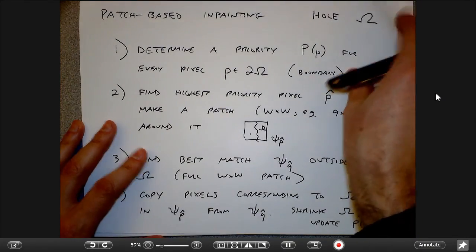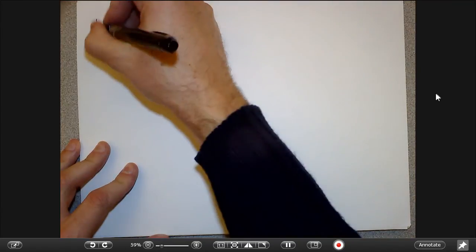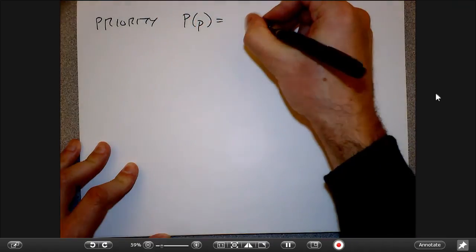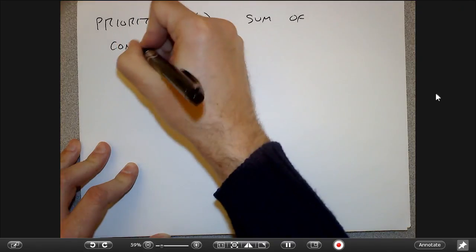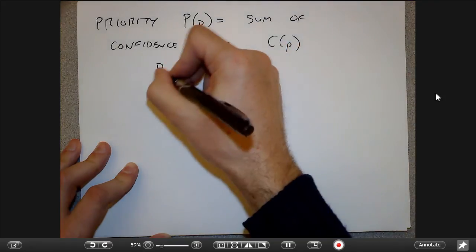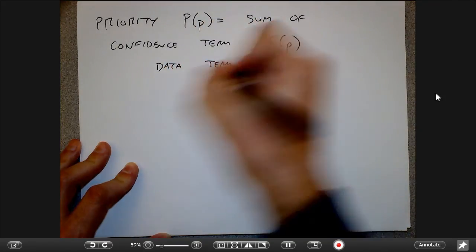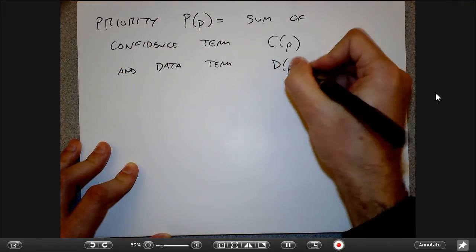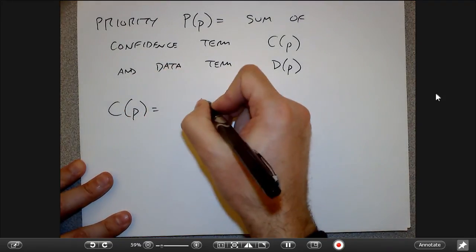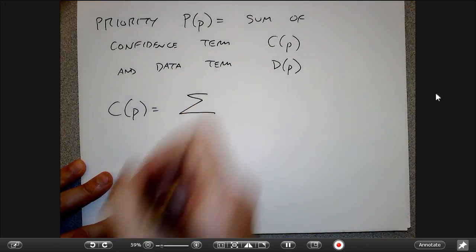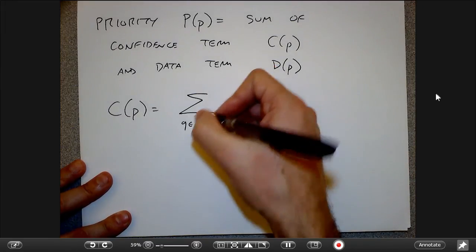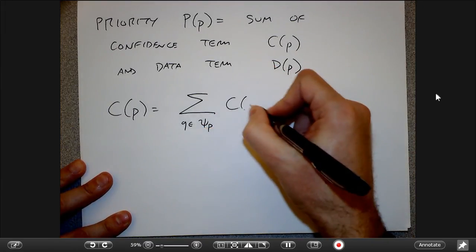basically the priority P is the sum of what we call a confidence term, C of P, and a data term, call it D of P. The confidence term is nothing more than the sum, for all of the pixels in the window around P, of the confidences of those pixels.